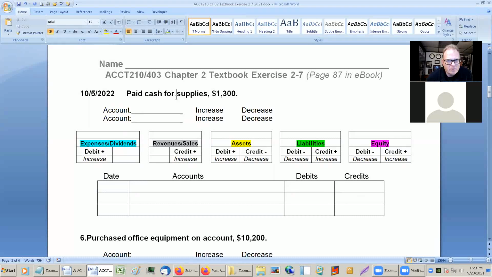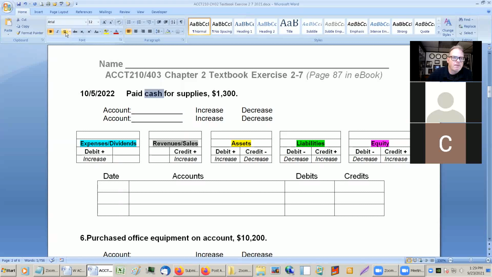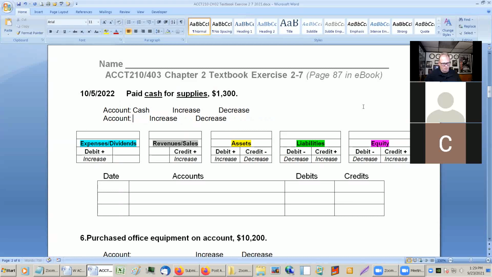So what two accounts are we going to use? Cash and supplies. Yep and yep. Okay, cash going up or down? Down. Yep.